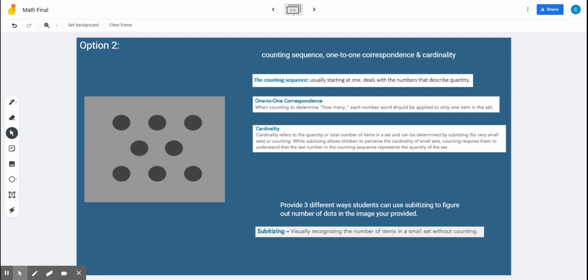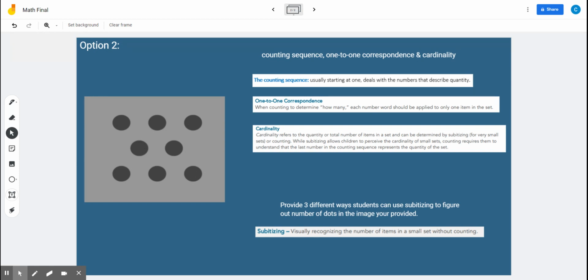So when students are counting, if they were using this dot diagram here, they would be able to understand that when they are counting these dots, 1, 2, 3, 4, 5, 6, 7, 8, that last one that they counted, 8, is actually the total number of the amount in the data set.